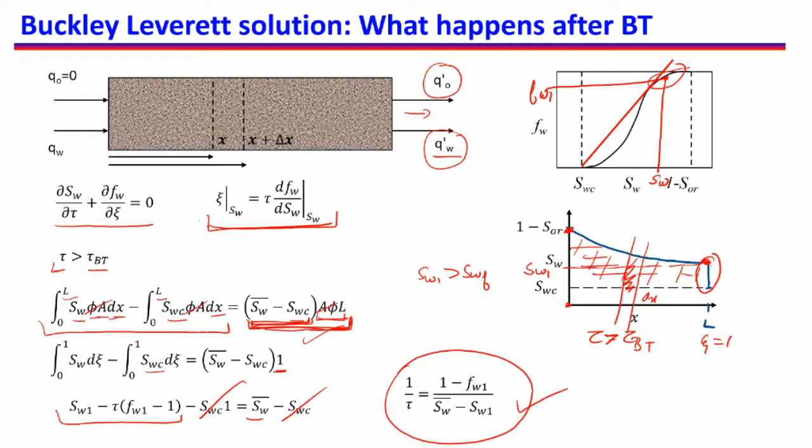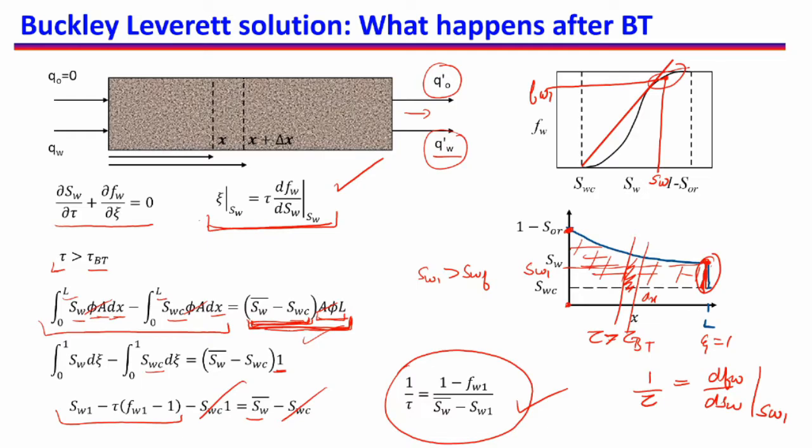So what does this equation mean? This equation means that when my SW1 reaches xi is equal to 1, at that point of time this equation is still valid. If this equation is still valid, then 1 by tau will be equal to dfw by dsw at SW1.